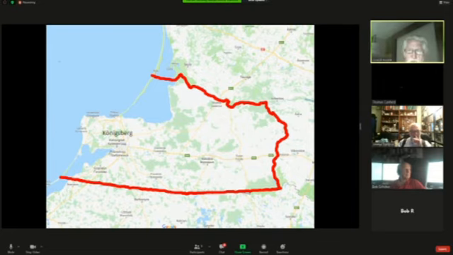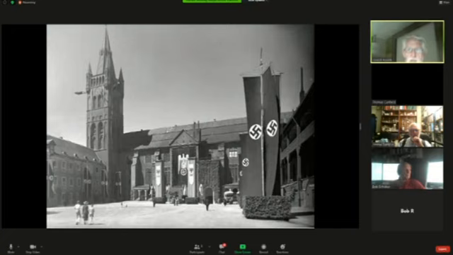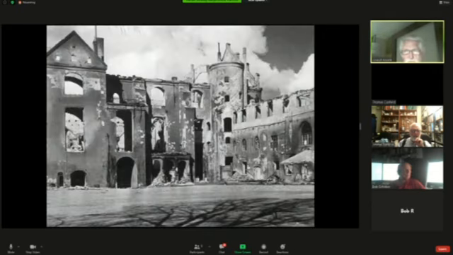And this was the structure, it was known Königsberg, there it is in German, and this was the structure there in that city to which the amber was taken in those 30 crates. And of course you see all the Nazi symbols and everything all over the place. But as this region was bombed as the war proceeded, this was the building reduced to this kind of a rubble. Same thing as what happened to the Catherine Palace.